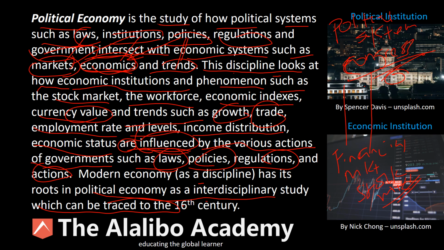These are very important phenomena in any economy today because countries make decisions. Congress makes decisions, parliaments make decisions, legislative bodies make decisions, the executive passes executive orders, and those things impact the economy in different ways. As another example, if the government of any given country says they are giving citizens a relief package of $1,000 each, that is going to have an economic effect because now citizens are going to be consuming more, they have more expendable income, and the price of goods might go up as well because now there's a lot of money in the economy.